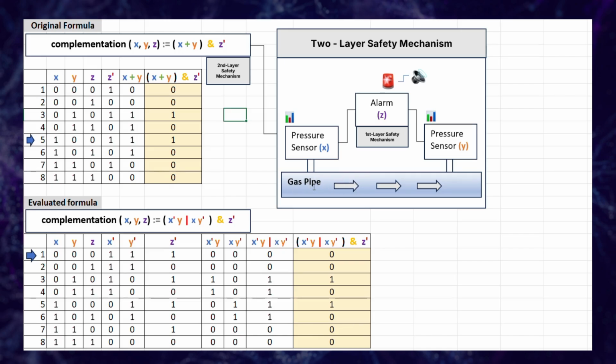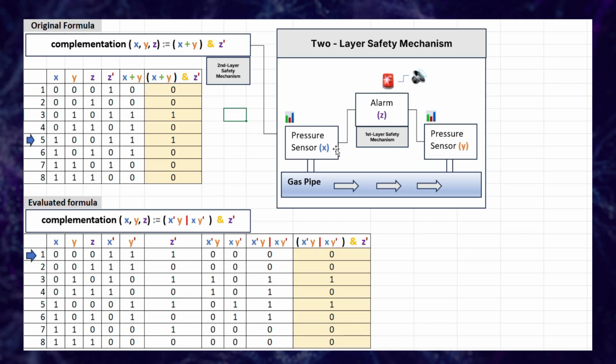There's a gas pipe here, and then there are two pressure sensors, X and Y, and the two pressure sensors should be on the same level.